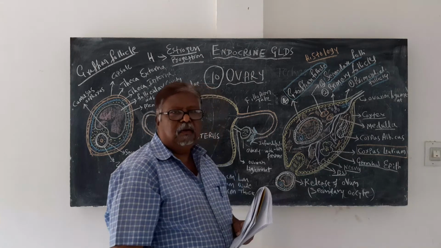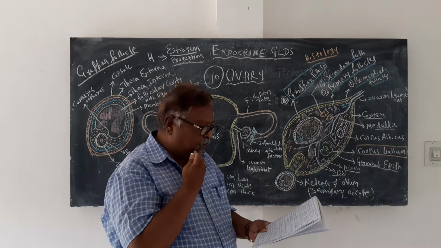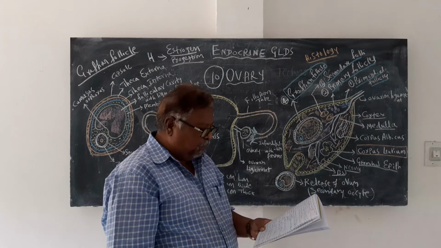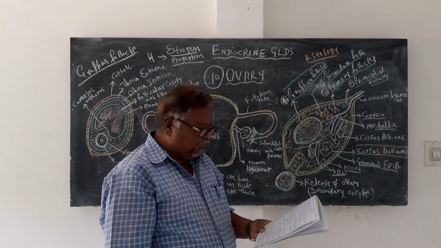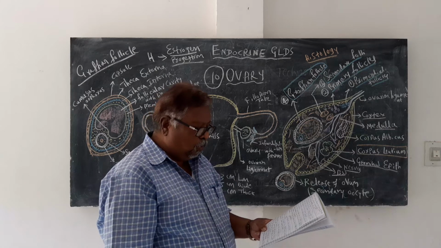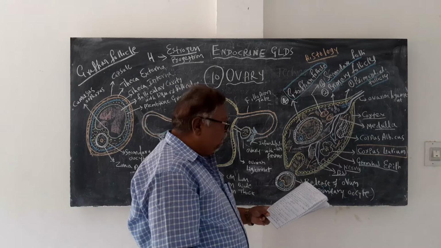They germinate the follicles. The follicles are in different stages. So these follicles are divided into four types. The first one is the primordial follicle with central oogonia surrounded by a single layer of cuboidal stroma cells.